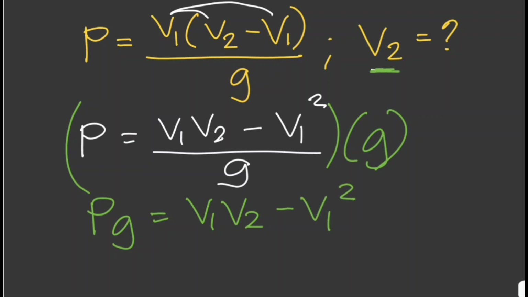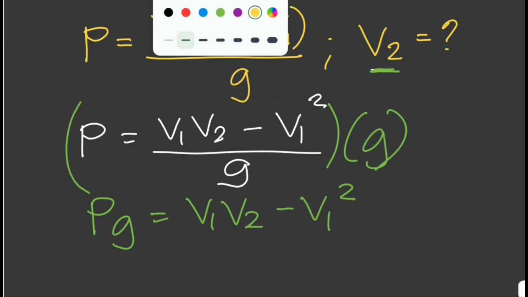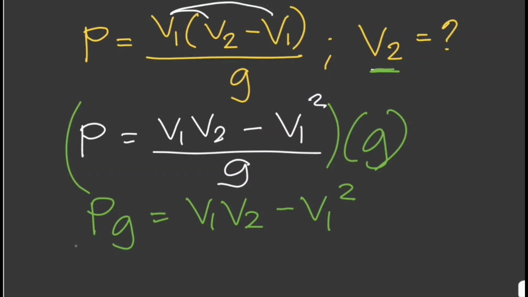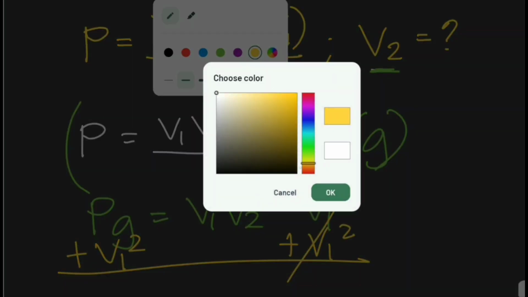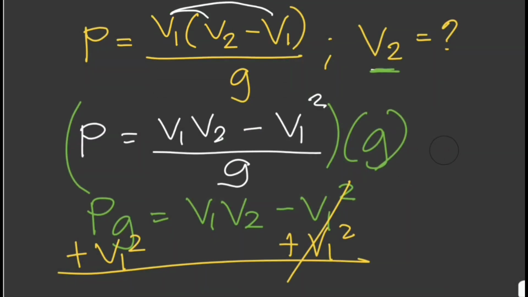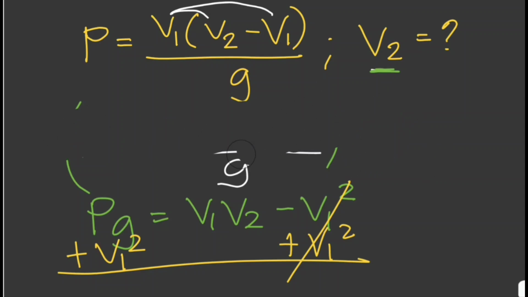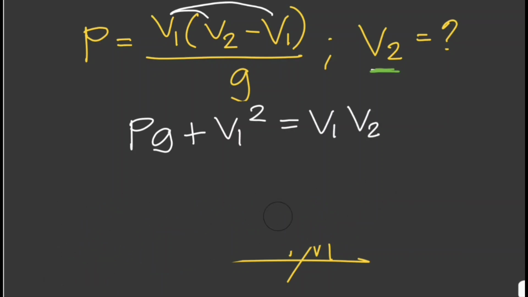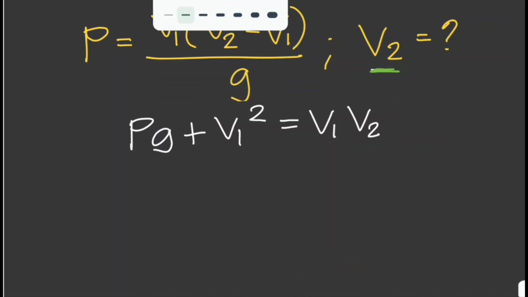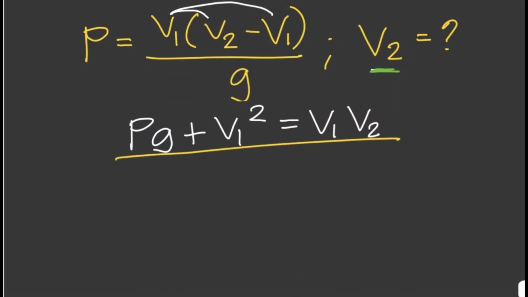Take note, we're interested in v sub 2, so we need to get rid of v1 squared on the right. So we add v1 squared to both sides. Then we're left with pg plus v sub 1 squared equals v1 v2. And then to finally solve for v sub 2, we divide both sides by v1.